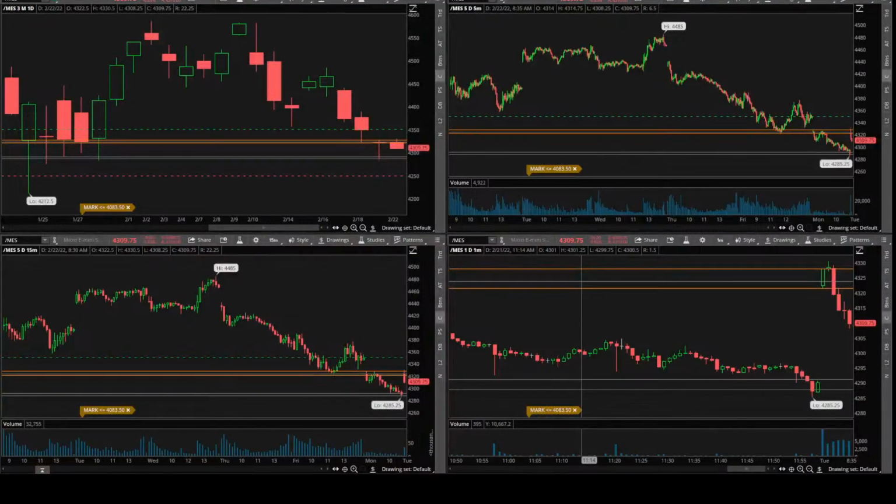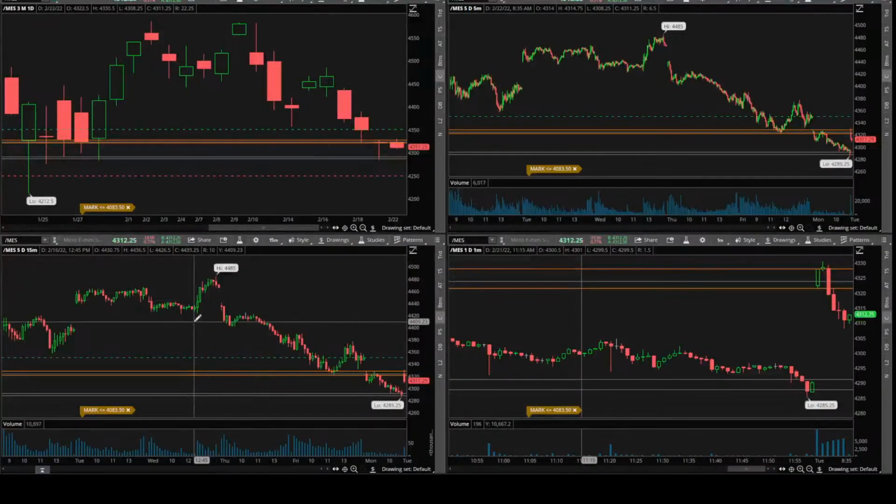I wasn't watching the market yesterday, but looks like this is yesterday. Well, let's see. Yesterday's price action was just this and then selling off. Yeah, just selling off most of the day here.